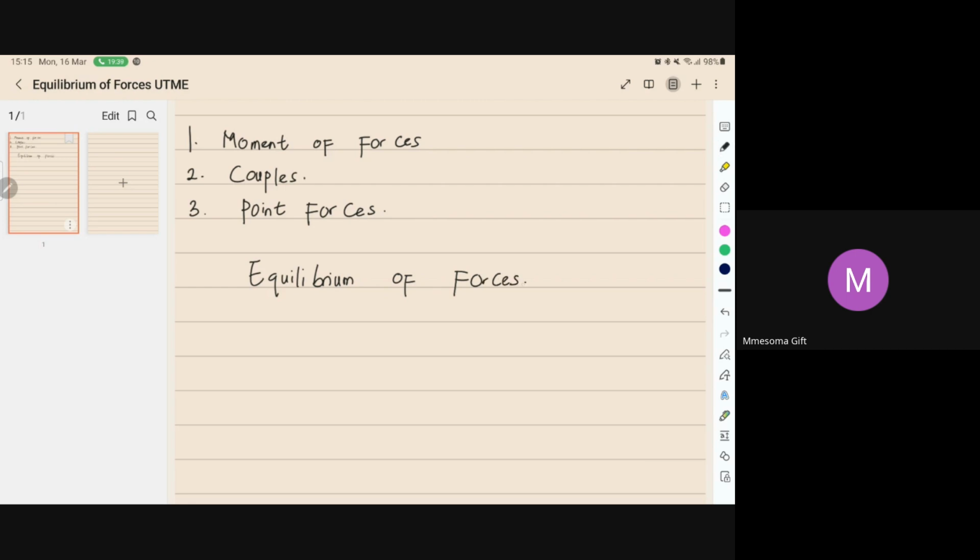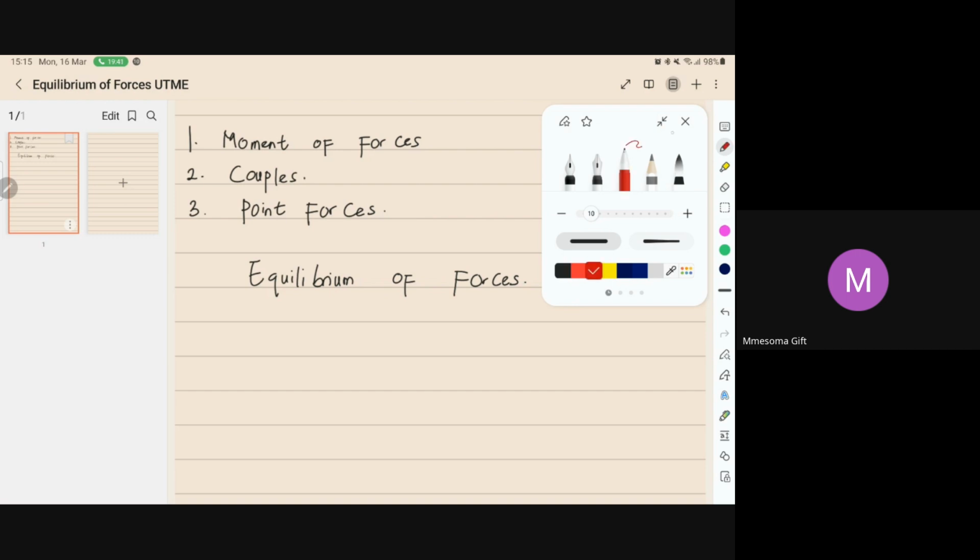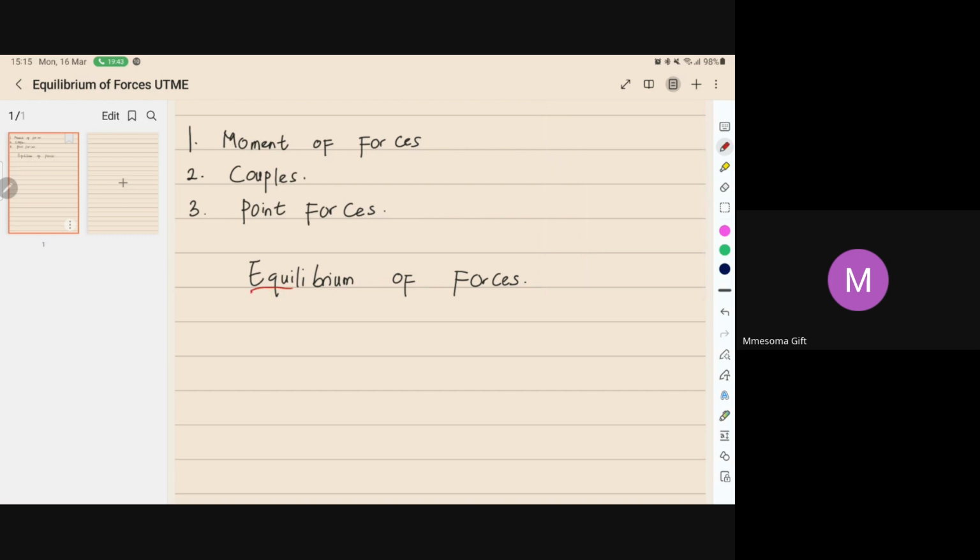A body is in equilibrium when the net force acting on that body is zero, which means the resultant force on the body is zero. We say that body is at rest, that body is not moving, or even if it's moving, it is moving in a straight line. We say that the body is in equilibrium.